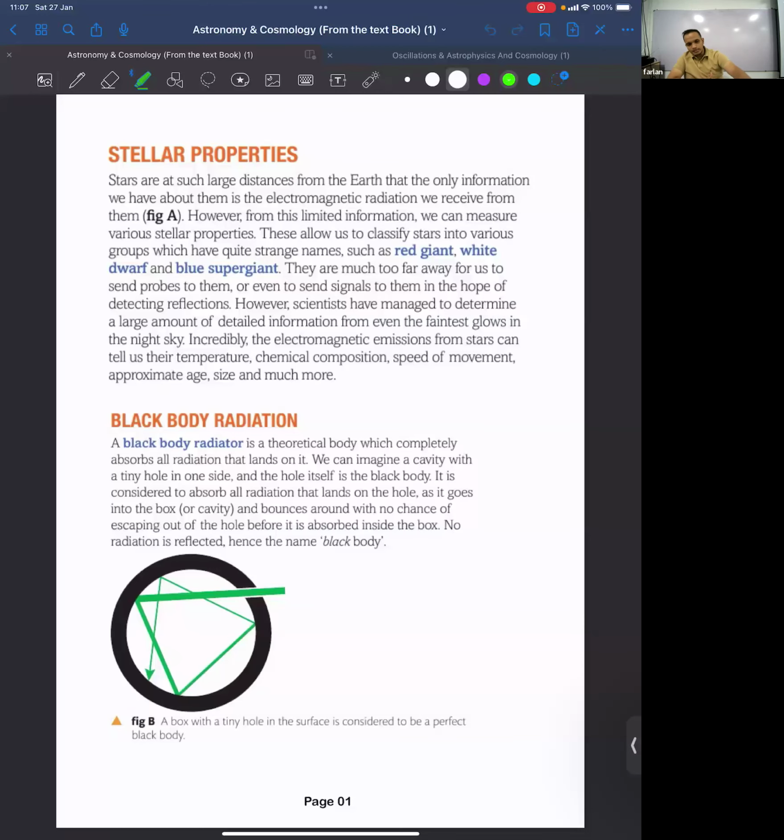Also, later in this topic, we will learn that the further they are, the faster they are moving away from us. All this put together confirms that the universe is expanding. Blue shift is the other way around, shifted towards the blue end.